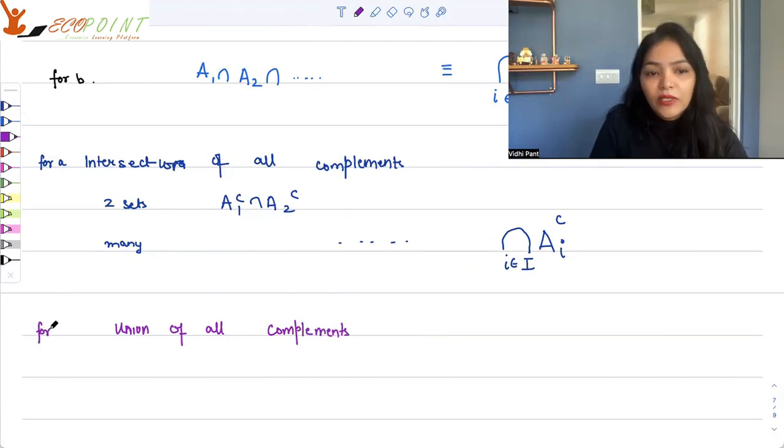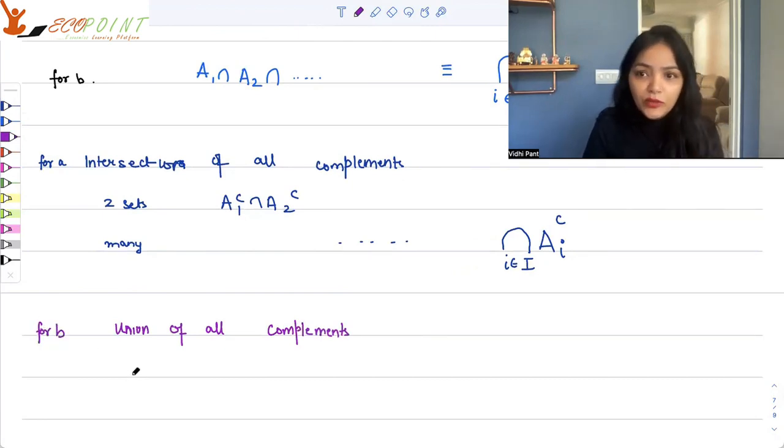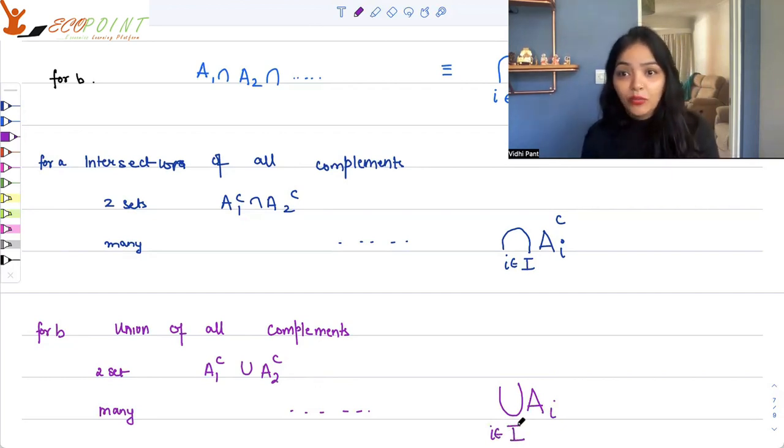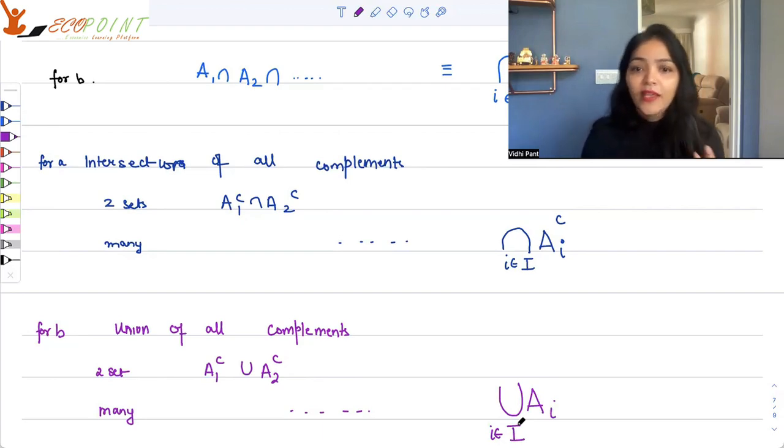This is something that you will require for B. If you have 2 sets, the union of complements would be A1 complement union A2 complement. If there are many more and you don't know the count, it becomes a big union outside of A_i, where i belongs to the index set I, which could be finite, infinite, anything.